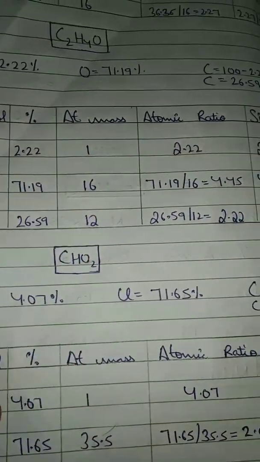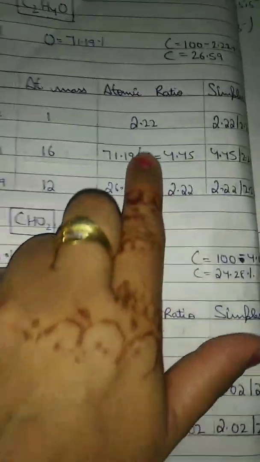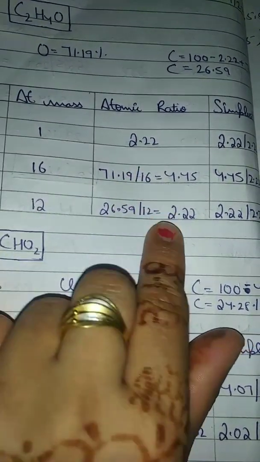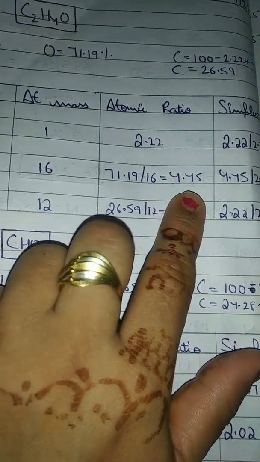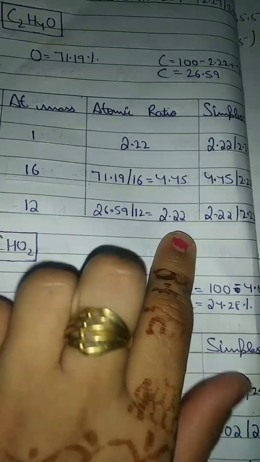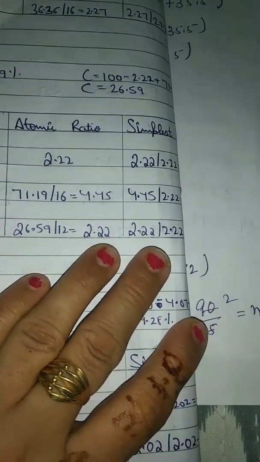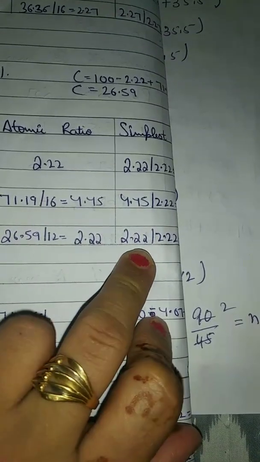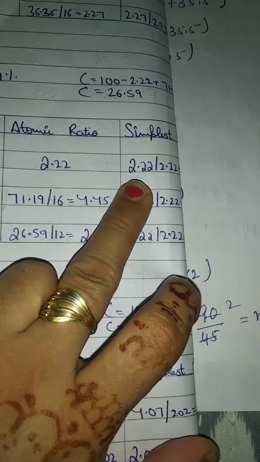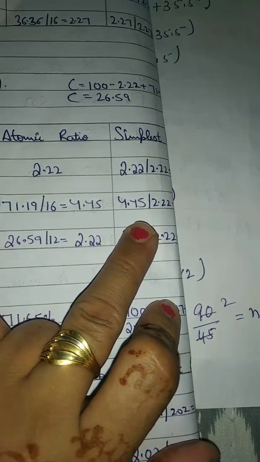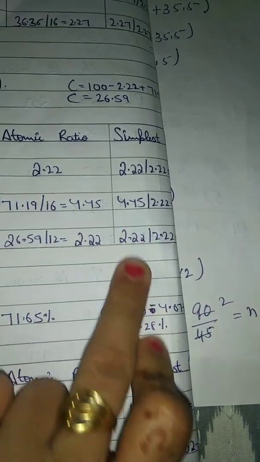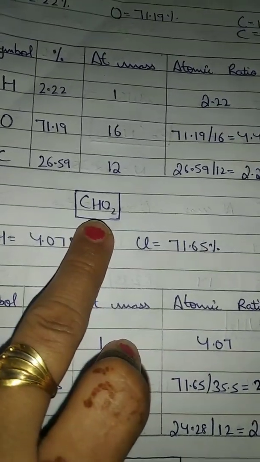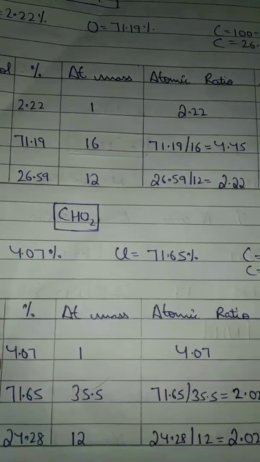By dividing with atomic mass, we will get atomic ratio of hydrogen 2.22, oxygen 4.45 and carbon 2.22 again. So by dividing with the least figure, the number of hydrogen atoms will be 1, oxygen 2 and carbon again 1.